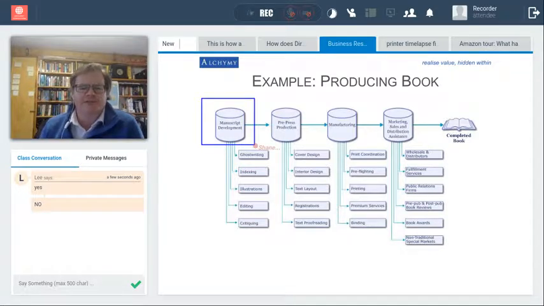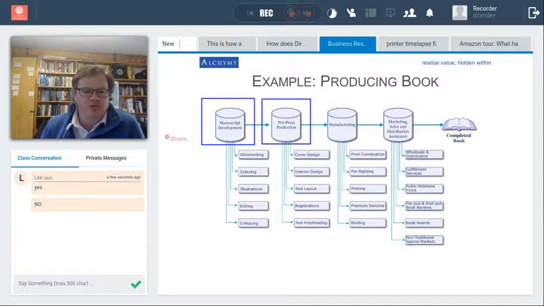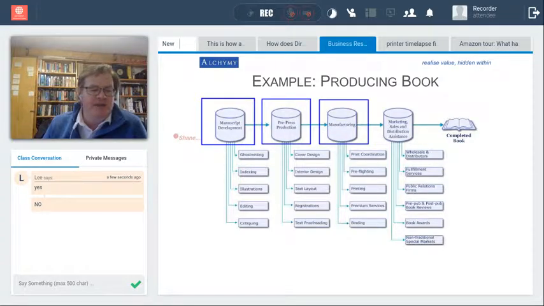There's pre-press production, which is getting the thing ready to be actually printed. There's the manufacturing of the book itself, which is the print coordination and the actual printing of the book, and then there's the marketing, sales, and distribution.